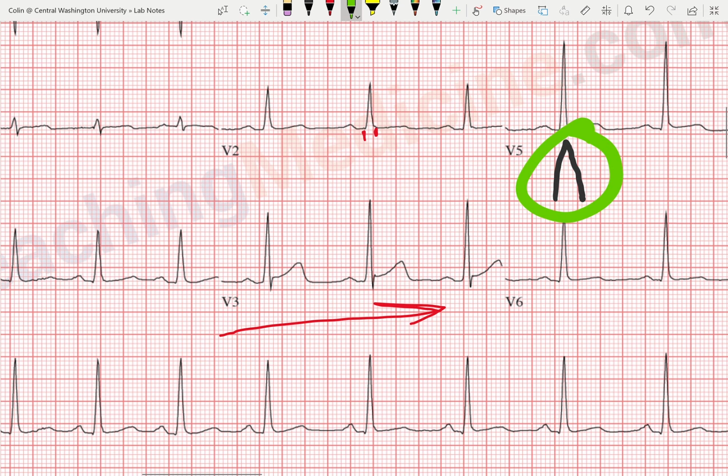How many small boxes is that? Well, it's more than 3. So we know things are taking longer in the ventricle. It's taking the ventricle longer to beat. And we know that this is a right bundle branch block based on other things, but we can get into that later. But what we want to realize is that the QRS is wide. It's not narrow. And the one I just drew is about 2 boxes wide.